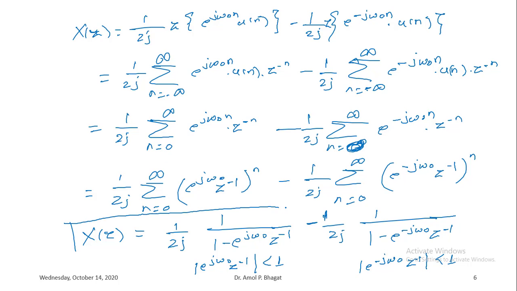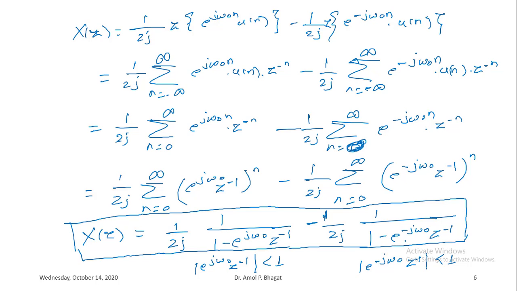X of z is equals to 1 by 2j into 1 upon 1 minus e to the power j omega 0 into z inverse, minus 1 by 2j into 1 upon 1 minus e to the power minus j omega 0 z inverse. So again if you want to simplify it, in place of e to the power j omega 0 you can substitute cos omega 0 plus j sin omega 0, and here you can substitute cos omega 0 minus j sin omega 0.